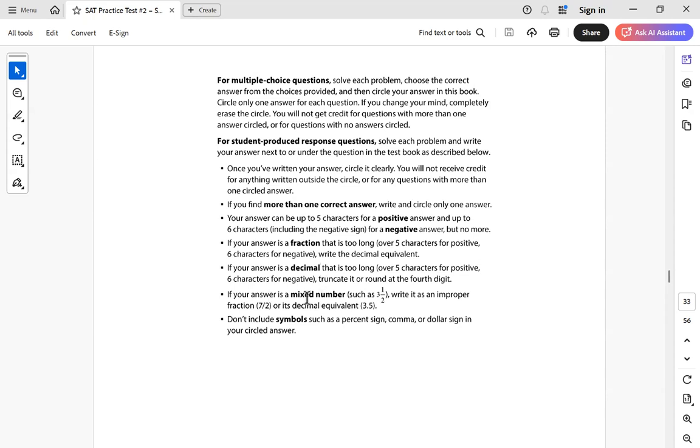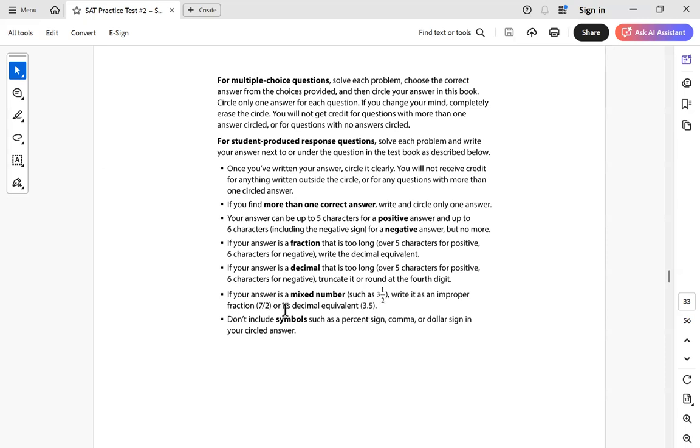Now, be careful on the mixed number stuff. It says if your answer is a mixed number, write it as an improper fraction or its decimal equivalent. So we could have written our answer as 6 1/4 as well. 6.25 is 6 1/4. But we would not write that as the answer.